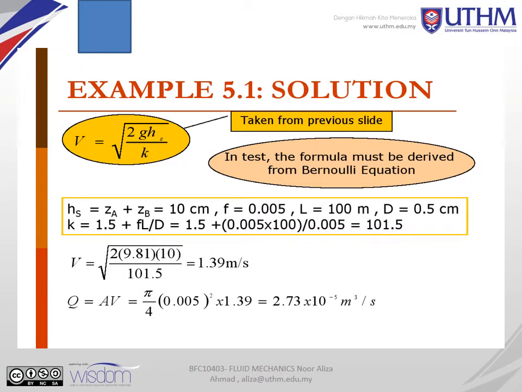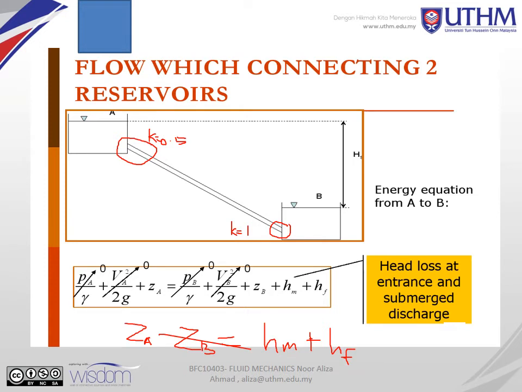Okay, so example. We have the entrance here and the submerged discharge here. This one is 0.5 and this one is 1, the small k for these fittings of the pipe.